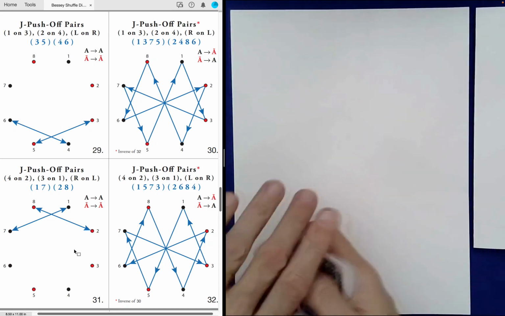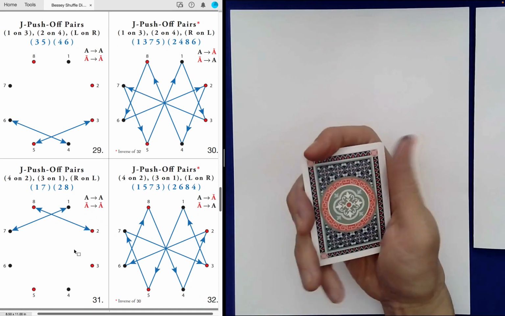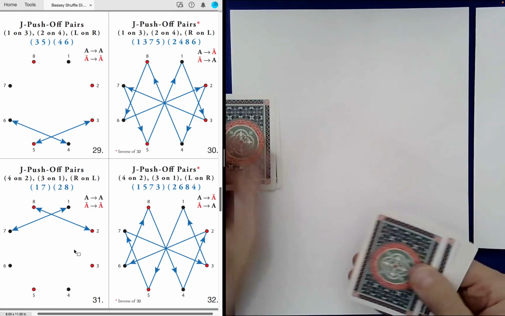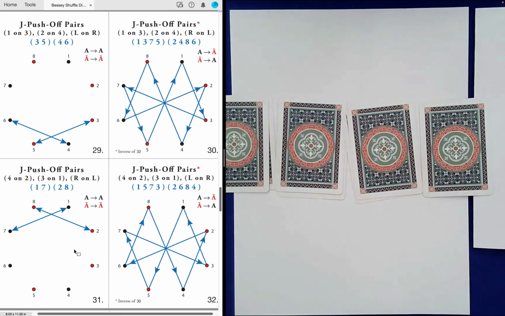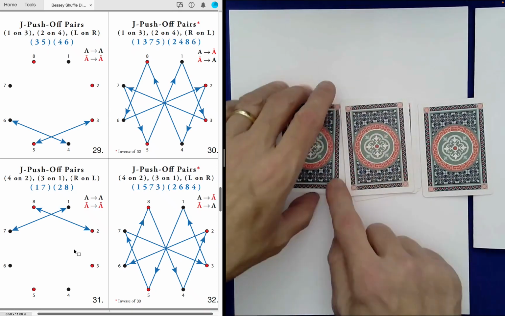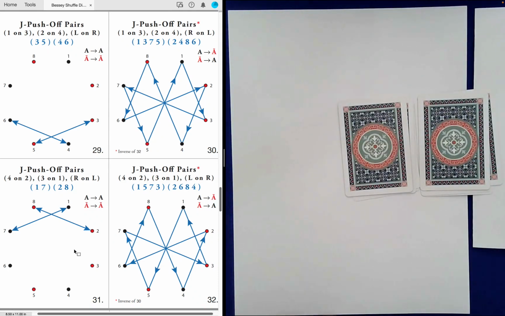Okay, and so to finish, we're going to perform shuffle 29. I believe it's the only one we haven't done yet. So we'll push off pairs, as always, and then for shuffle 29, we see the following. We stack 1 on top of 3, 2 on top of 4, and then we stack the left pile on top of the right.